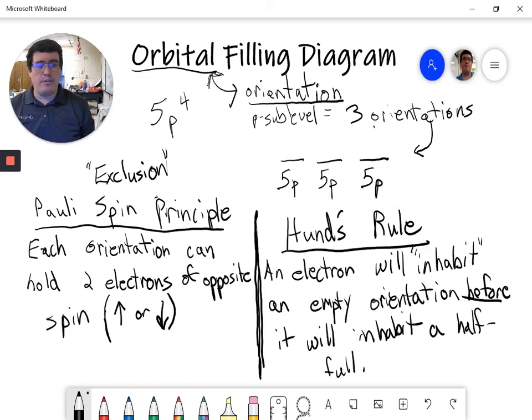And luckily enough, both of these are going to come up in this drawing right here. So Hund's rule: an electron will inhabit an empty orientation before it will inhabit a half full orientation.